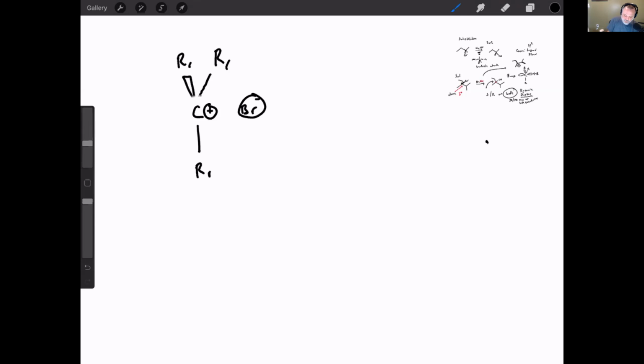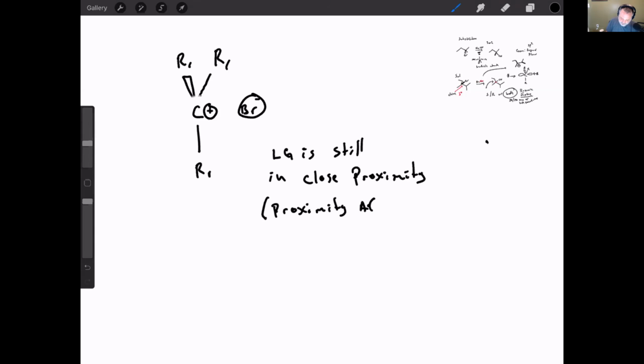The leaving group is still in close proximity. And so this provides a slight bit of steric hindrance for the retention stereochemistry. So notice that the backside is unhindered.